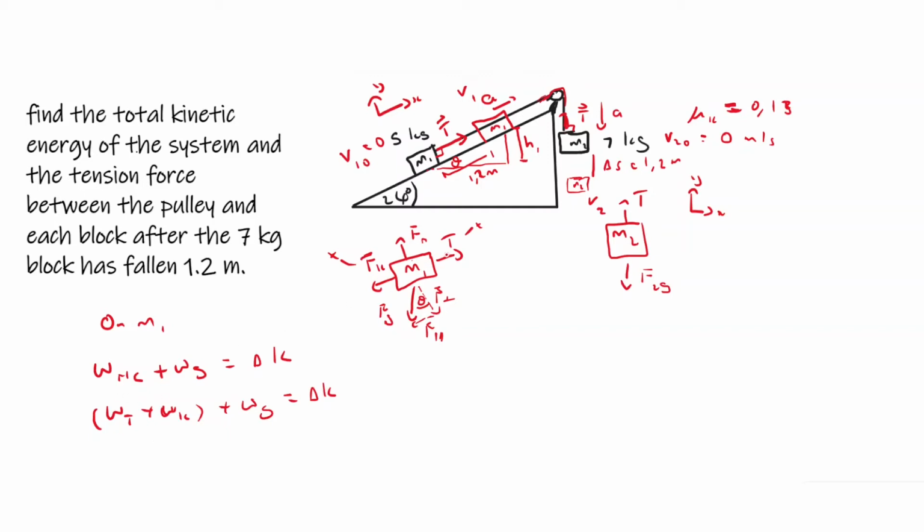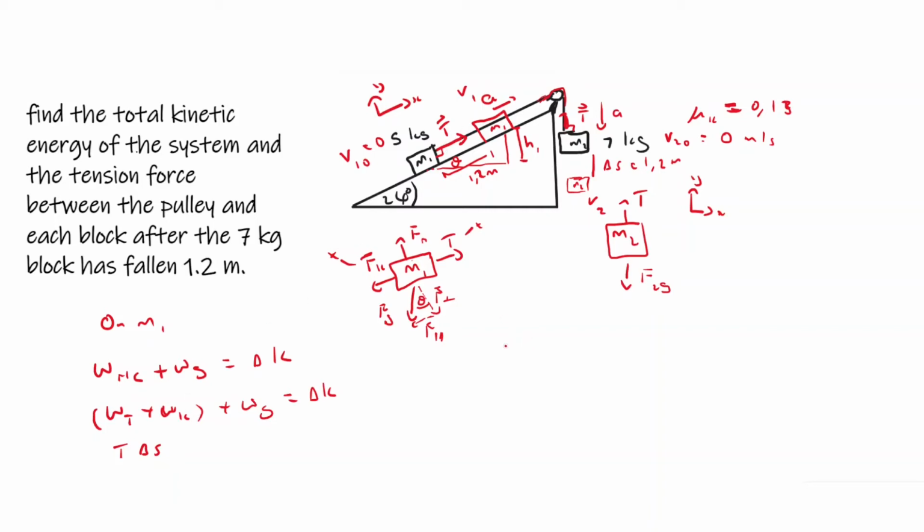If you look at it, since my Cartesian plane is the way I have it, I'm not sure if you guys can see it. You should be able to see it. So basically what you should have now is your T is positive, so work done by T is going to be T times the distance that will be traveled, that T is going to do work over that distance. Now the cos of the angle between T and the distance is 1.